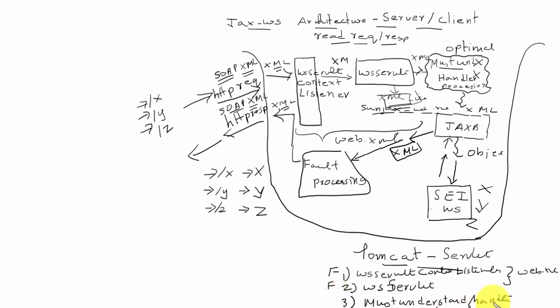The must understand processing, the handler processing, and the service endpoint interface are the things the developer should write and configure in the sunjaxws.xml file.